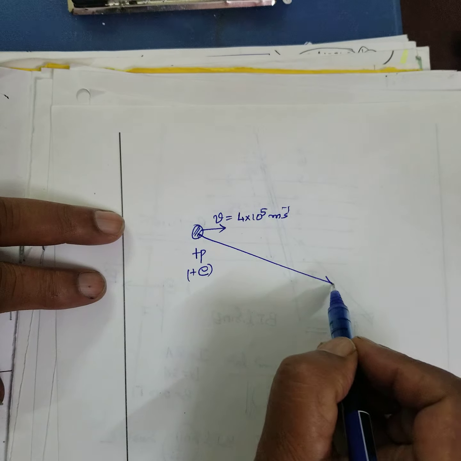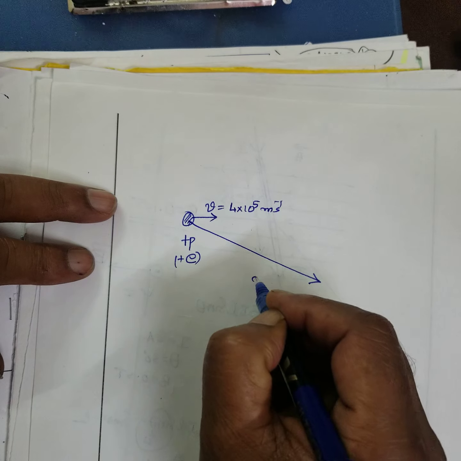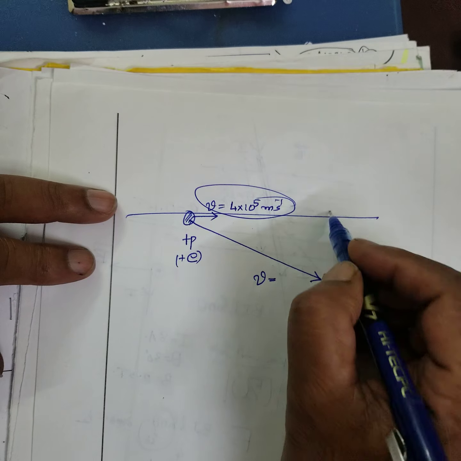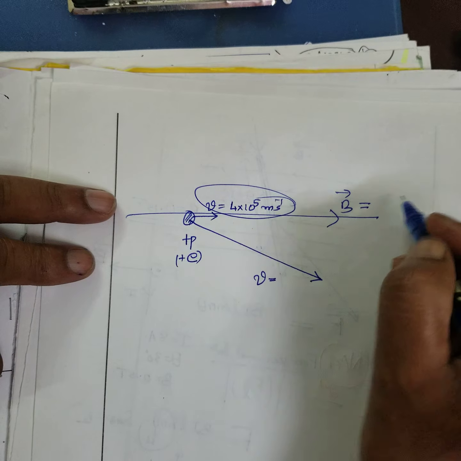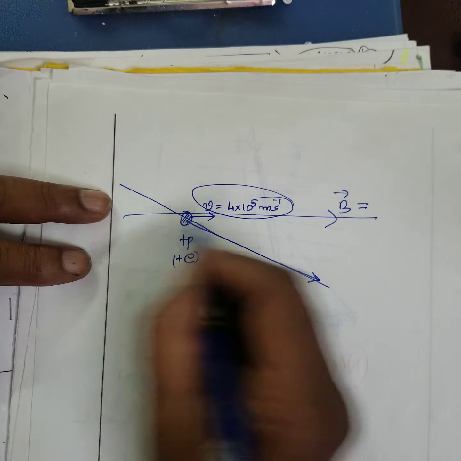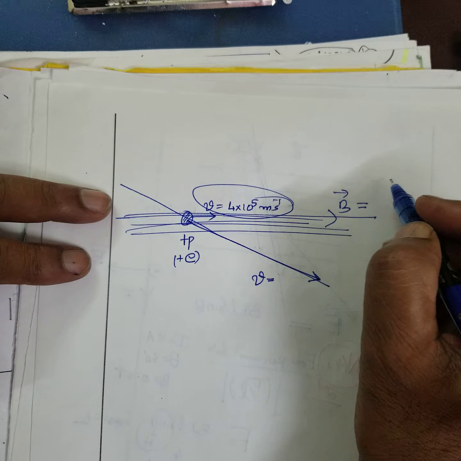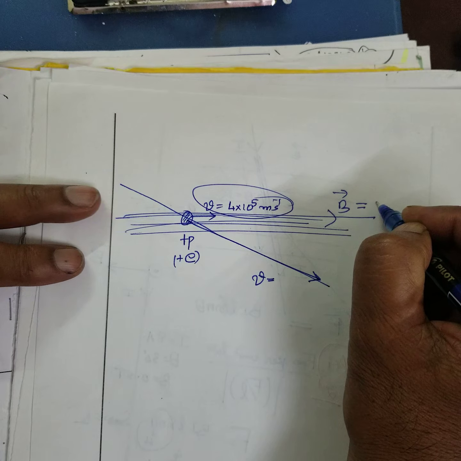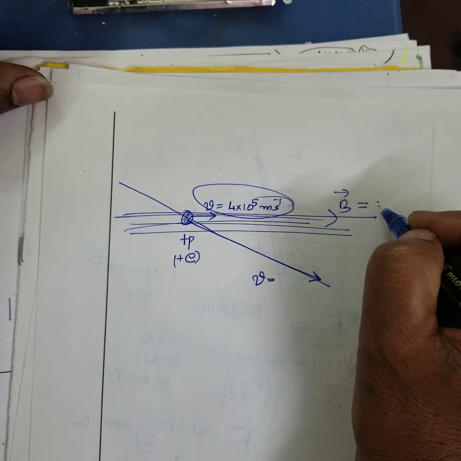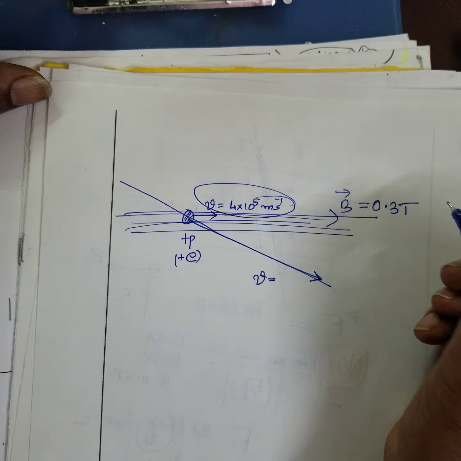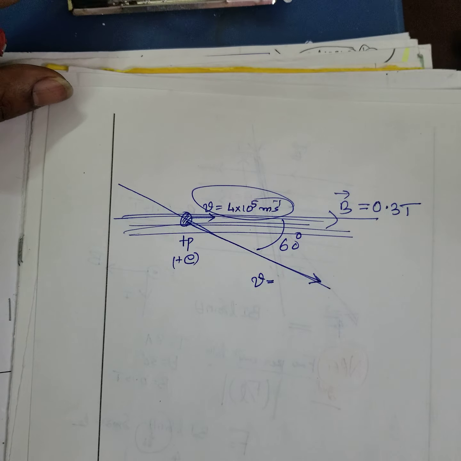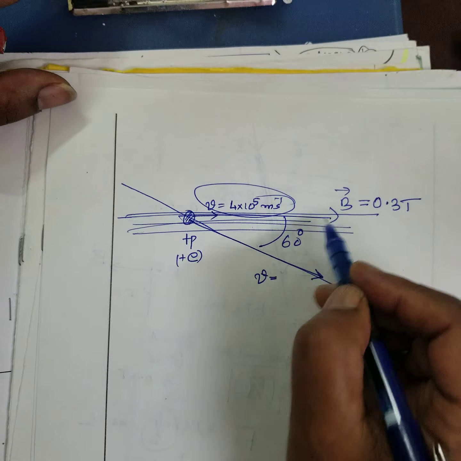This is the magnetic field, let's say. It is entering the magnetic field of 0.3 Tesla at an angle of 60 degree to the direction of the magnetic field. This is the direction of the magnetic field, this is 60 degree.